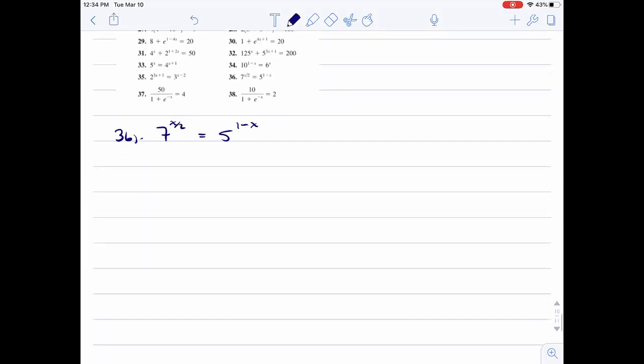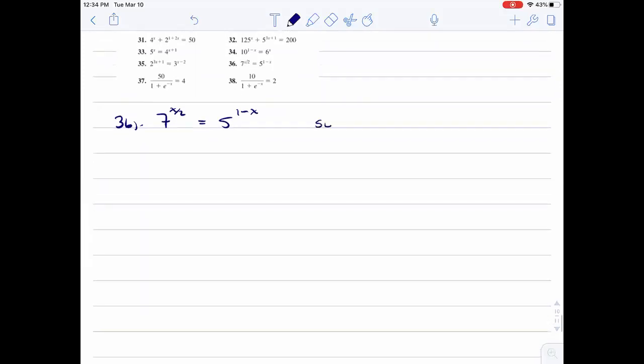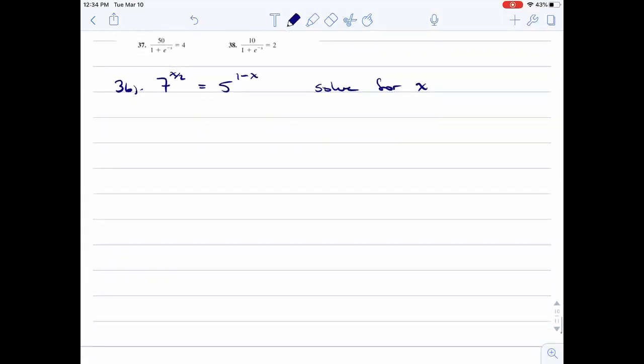So what we want to do is solve for x. If I take the natural log of 7 to the power of x over 2 is equal to the natural log of 5 to the 1 minus x, as long as I take the log of both sides, nothing's changing in this equation.